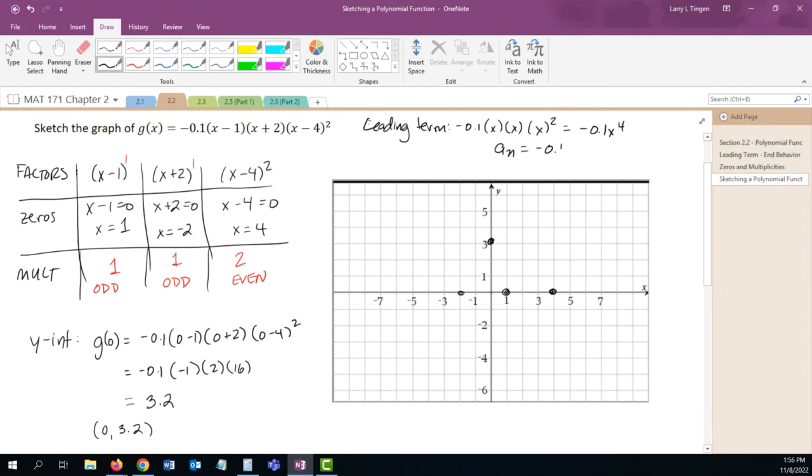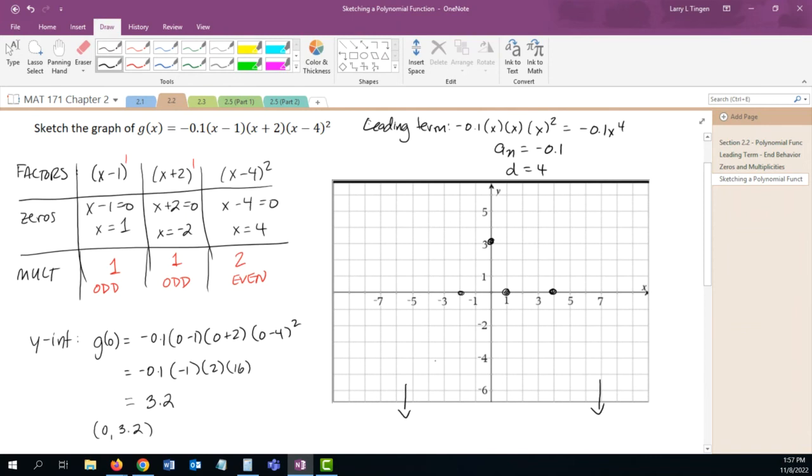The leading coefficient is negative 0.1, and the degree is 4. So I'm either up both ways or down both ways. The leading coefficient's negative, so I'm doing this. The end behavior helps me know where to start my graph and where to end it. If you want to plug in more points, you can absolutely do that, but I just want to manipulate the problem as it sits.